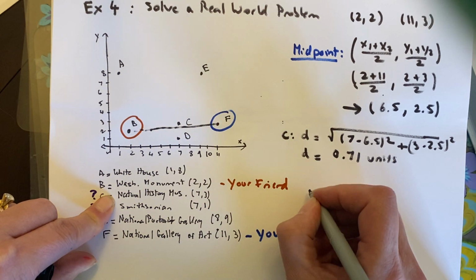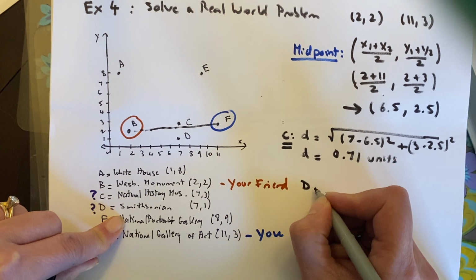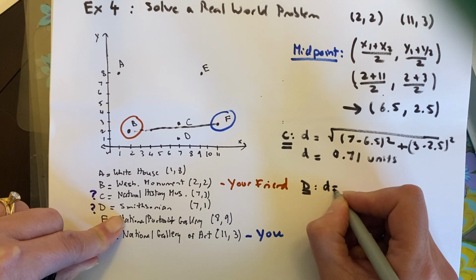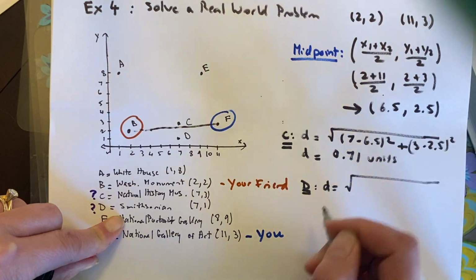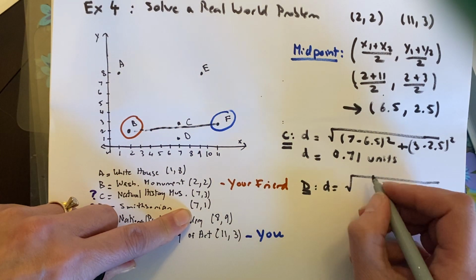Let's see what that looks like for D. So if I go to the Smithsonian, what's my distance looking like? Well, here I have D equals, and again, I'm using my midpoint, right? I'm looking at the distance between the midpoint and the Smithsonian.